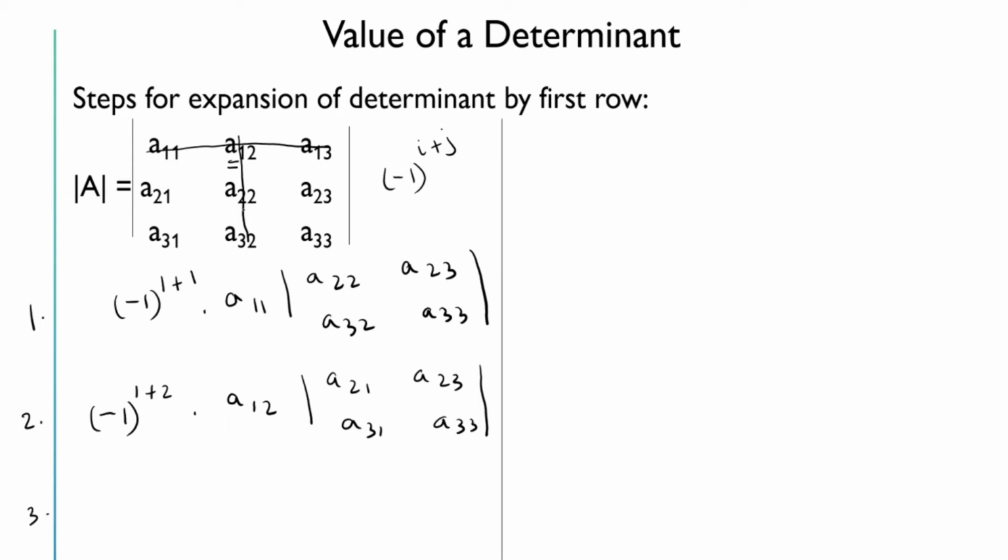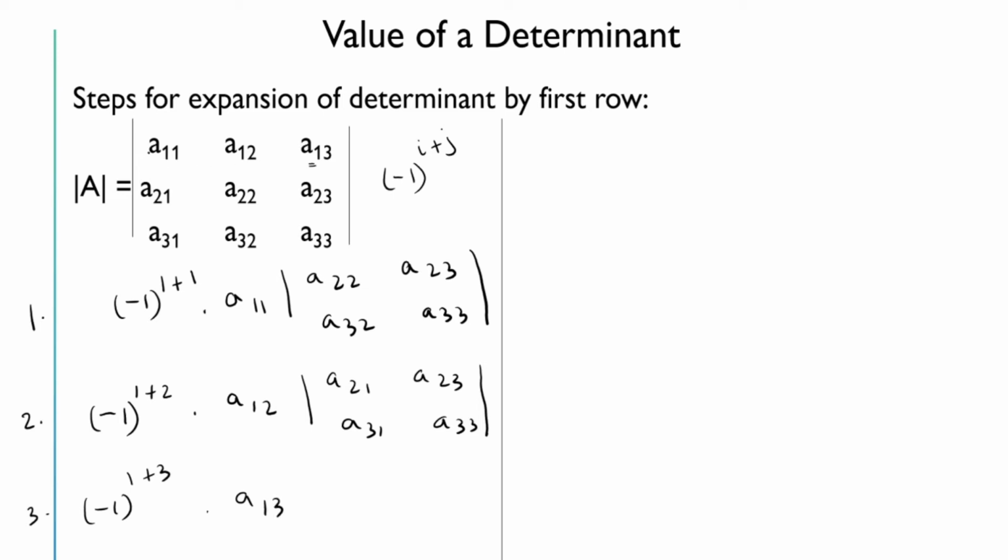The third step, expanding along the first row, is we have to take this element A13. Here minus 1 raised to 1 plus 3 into A13.